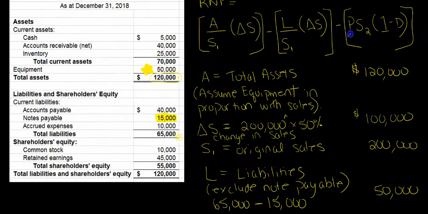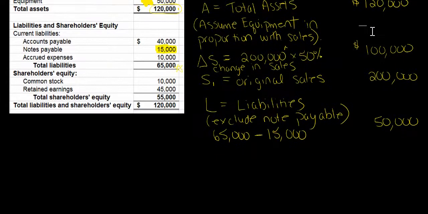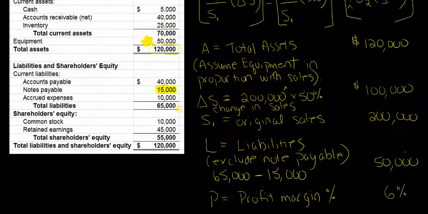And then we'll go and work with this P. So what the P represents is our profit margin percentage. So the questions will probably give it to you. If not, they'll give you enough information to run the formula. But in this case, let's just assume the profit margin is 6%.